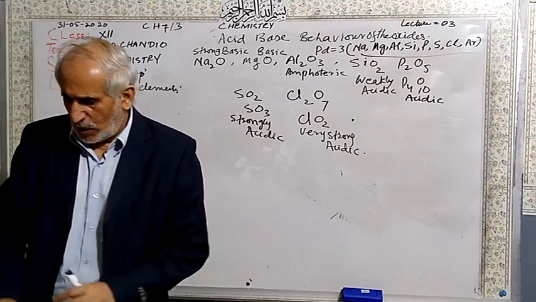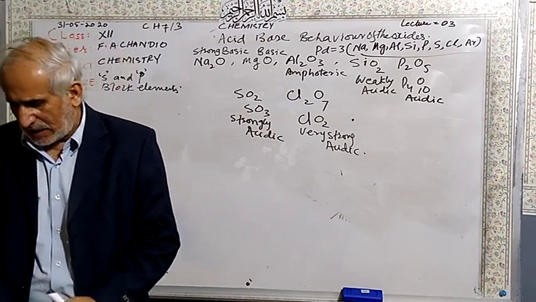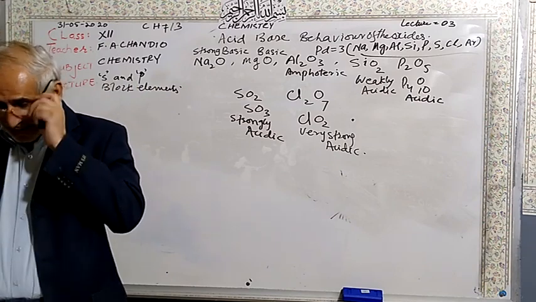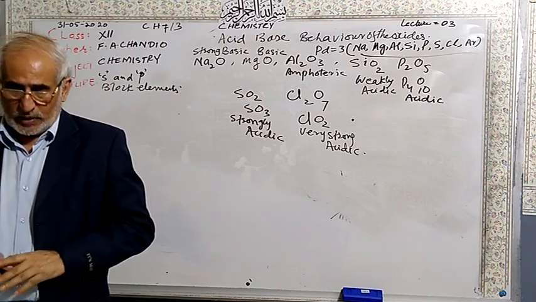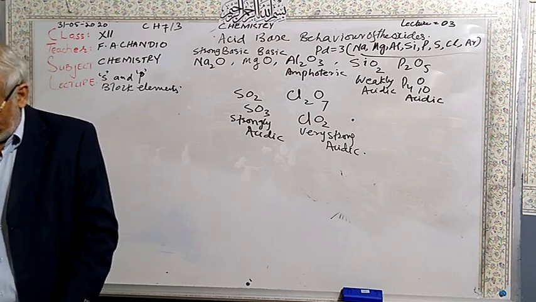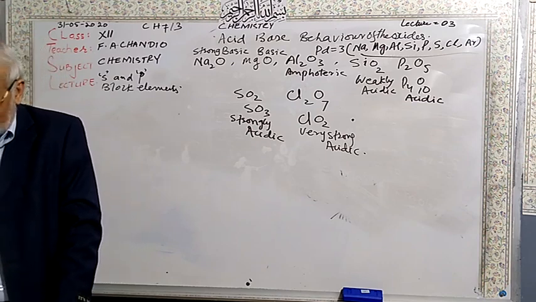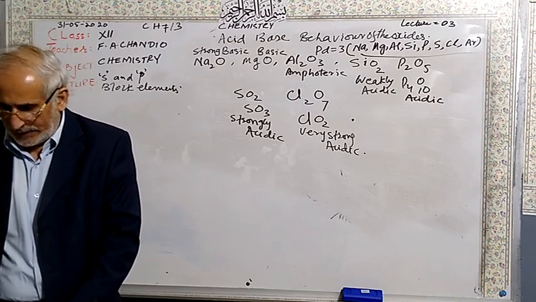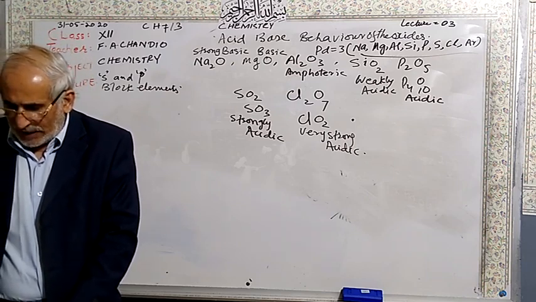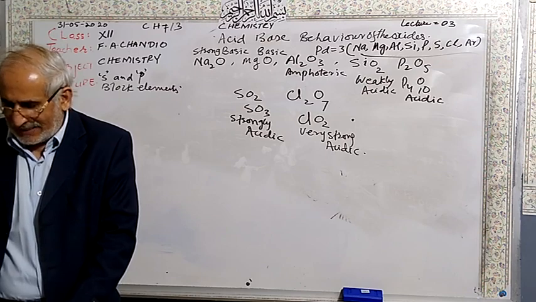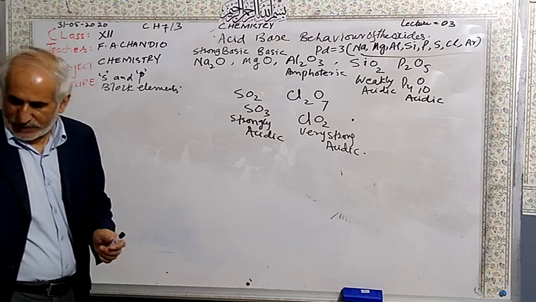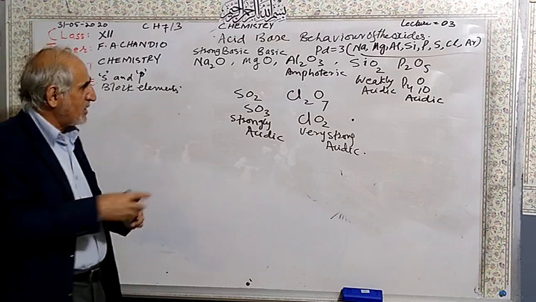Now, in your book, the chemical reactions are given. If you see topic 13.14 in your book, acidic and basic behavior of the oxides, trend in the periodic table, as we go from left to right in the third period. Sodium oxide is strongly basic in nature. This is clear.